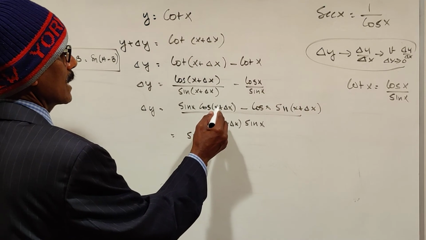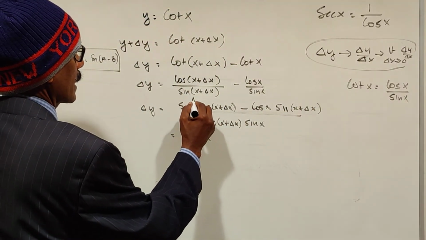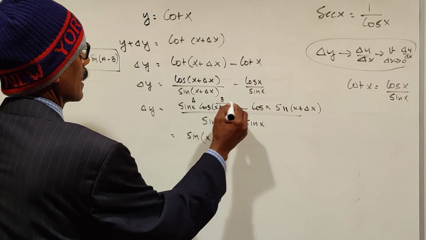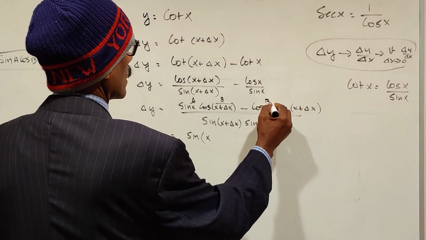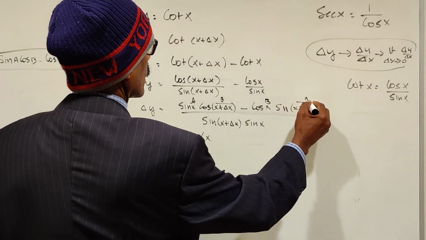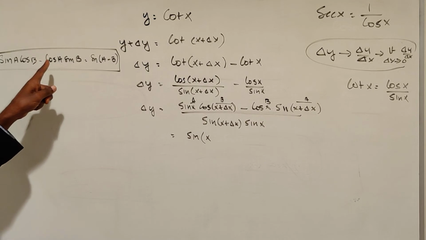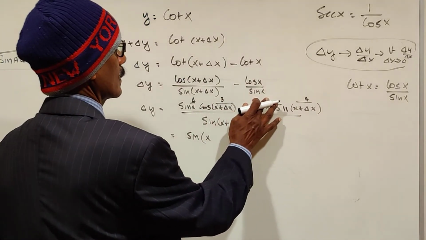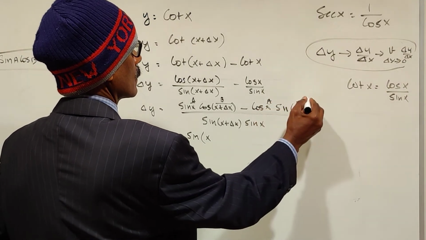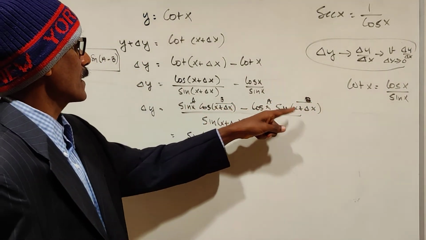Here A is x, and B is x plus delta x. Sorry, this is A, this is B. Sin A cos B minus cos A sin B.